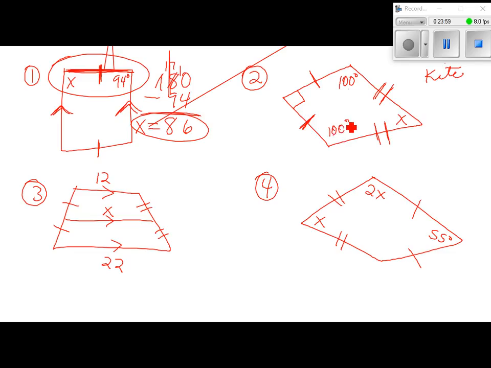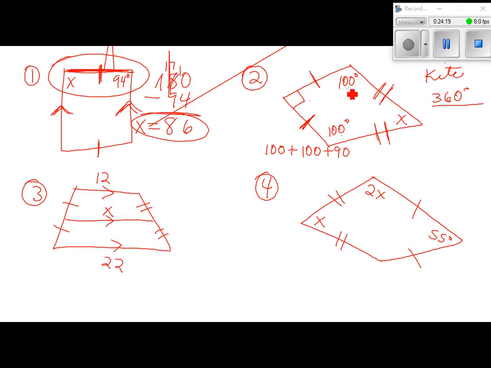And we also know that since it's a 4-sided figure, all 4 interior angles have to add up to be 360 degrees. Remember, that works for any 4-sided figure. So if we add all these up, set up an equation, we get 100 plus 100 plus 90.